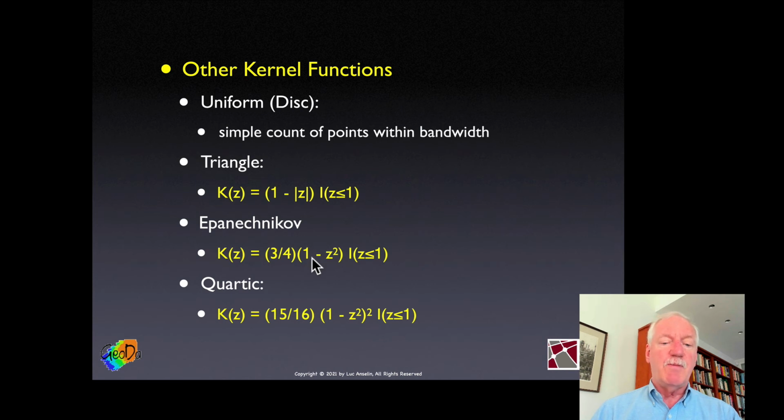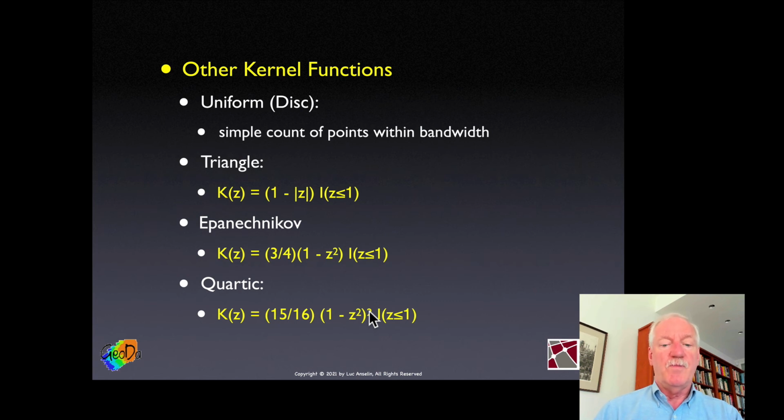Epanechnikov is a similar idea. It's 1 minus z, but it penalizes the distance double. So it's a square of this fraction. Again, when z is 1, it stops, so it stops at the bandwidth. And then the quartic kernel function is a double square. So this is the same as Epanechnikov, but then it gets squared again.